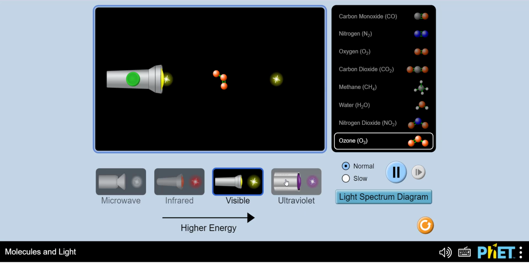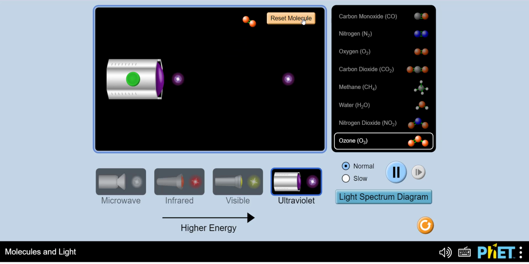And ultraviolet. Again, resetting so you can see specifically what's happening. Okay, so we've done all of the molecules with all the different types. You've seen a number of different reactions to different types of radiation.